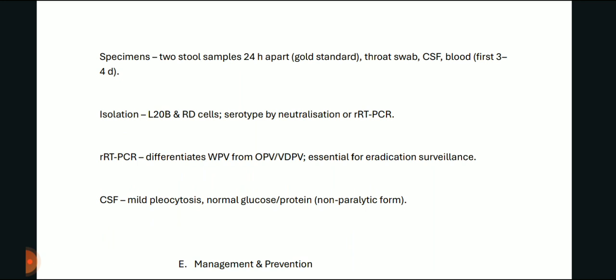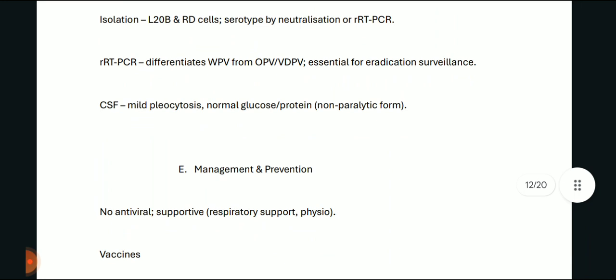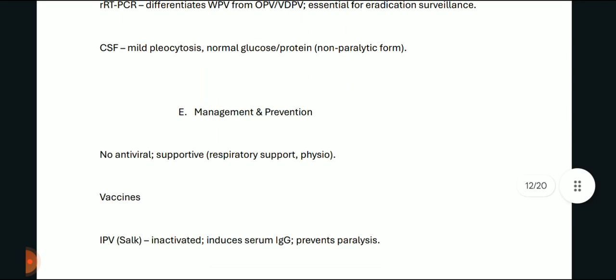This is essential for eradication surveillance because many governments worldwide are trying to eradicate polio from the world itself. Now, in CSF, we see mild pleocytosis with normal glucose and protein in the non-paralytic form.